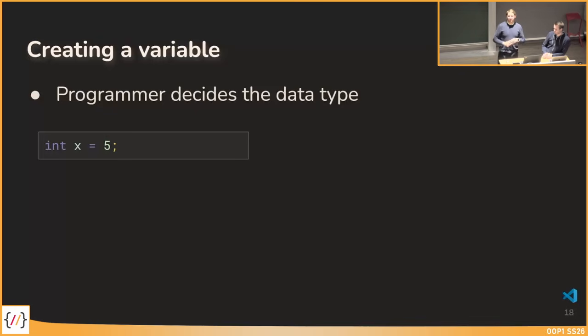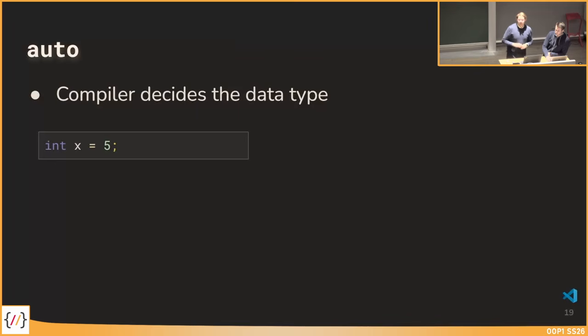We just write the data type, the variable name, and some value. That's what we have also done in C, for example. So we as programmers, as hopefully humans, decide what the data type of this variable is. We explicitly write if it's an integer, a character, a long, double, boolean, whatever.